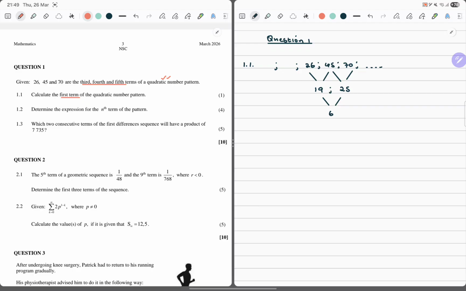Now all we have to do, folks, is just to work back. And how do we do that? We take 19 and we subtract 6. It gives us 13. So this tells us that between these two, we should have a 6. We do the same, 13 minus 6. It gives us 7, which is the very first difference. Right, and of course, between that and the next term, we should still have a 6.